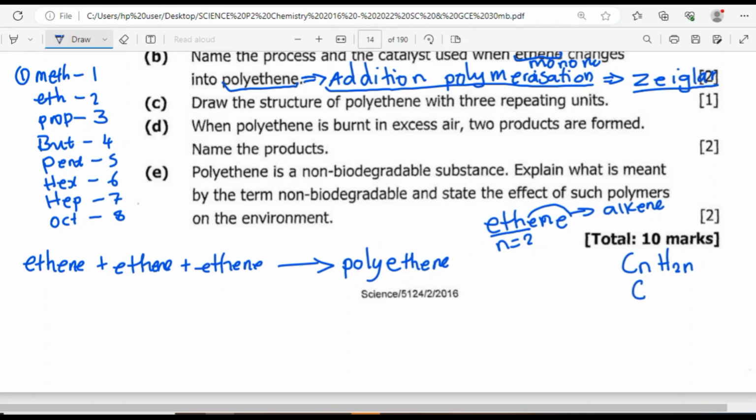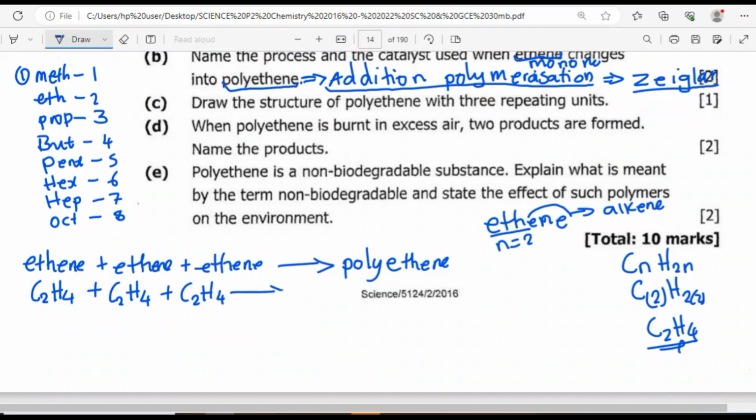So that's what you have to do whenever you are dealing with this. Where there is the n, we can put 2. So C times 2, C2, and 2 times 2, 4. So this is the molecular formula for ethene, C2H4. So this will be C2H4 plus another one, C2H4, C2H4.